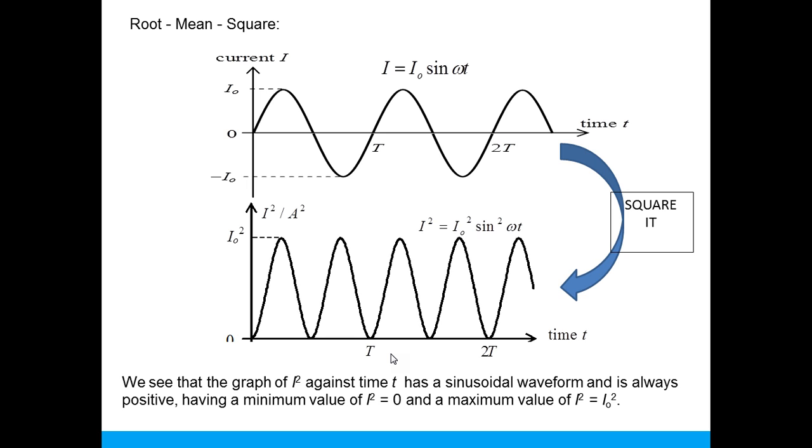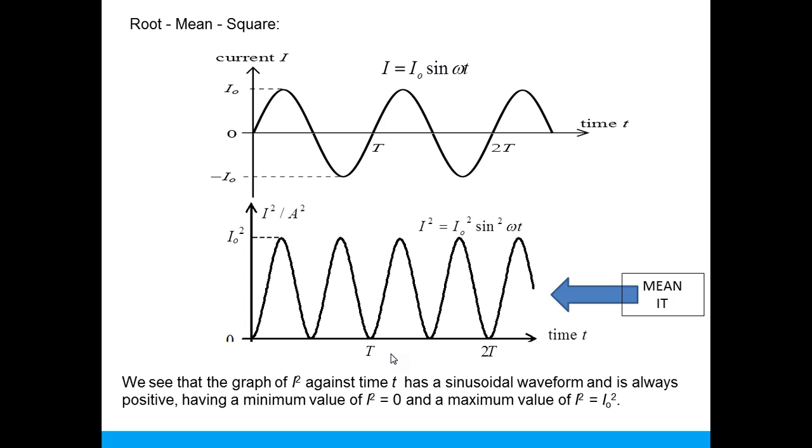To find the root mean square again, we have to square it, mean it, and root it. After squaring it, we have to find the mean. Taking the mean, we will have to confirm that the top area is in fact equal to the area at the bottom, and that these two areas must be the same. We can repeat this for all areas and show that they are the same.